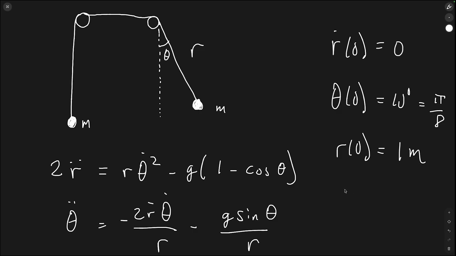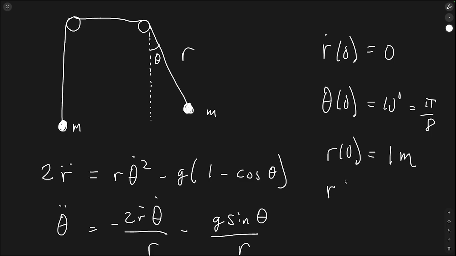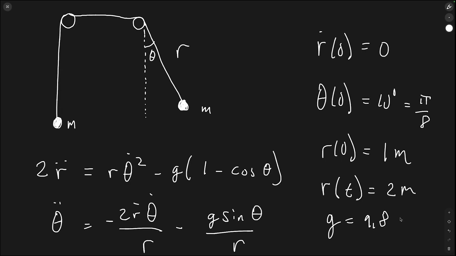How much time does it take for it to reach a length of 2 meters? So r of t is 2, right? And of course, g is 9.8 meters per second squared.